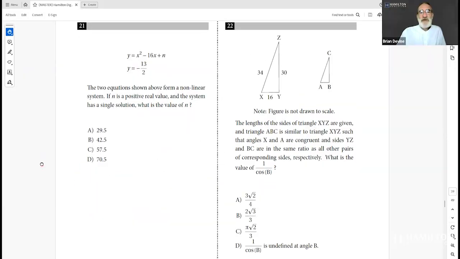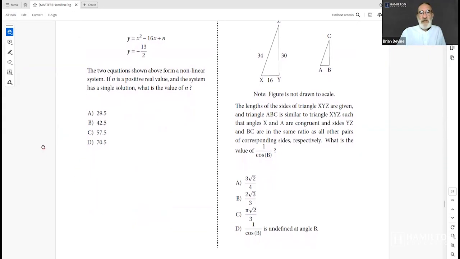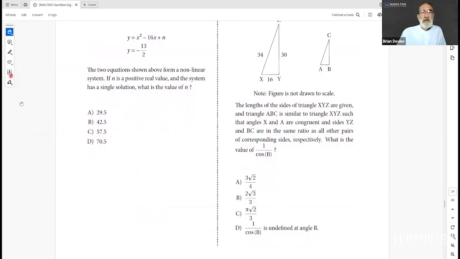Question 22, last one on this module. The lengths of the sides of triangle XYZ are given, and triangle ABC is similar to XYZ.